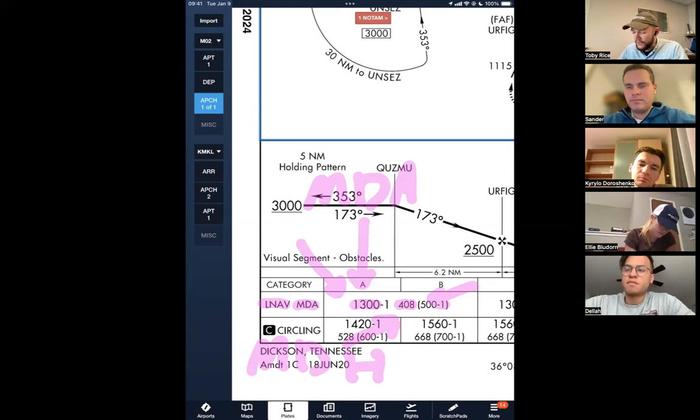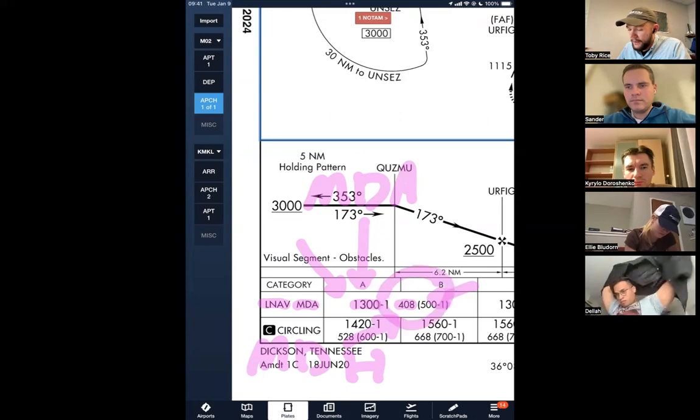Cool. So whenever I am looking at my weather to see what the cloud ceiling needs to be to make this approach, I'm looking at this number to determine my ceiling, and this number on my altimeter. So, I have to have at least a 450 to 500 foot ceiling to be able to fly this approach, because the lowest I can go is 408.